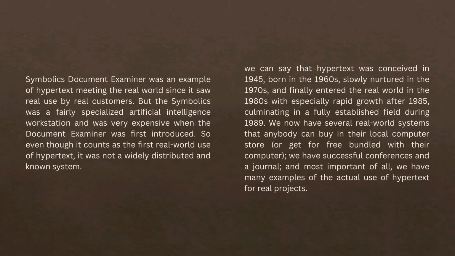We can say that hypertext was conceived in 1945, born in the 1960s, slowly nurtured in the 1970s, and finally entered the real world in the 1980s, with especially rapid growth after 1985, culminating in a fully established field during 1989.